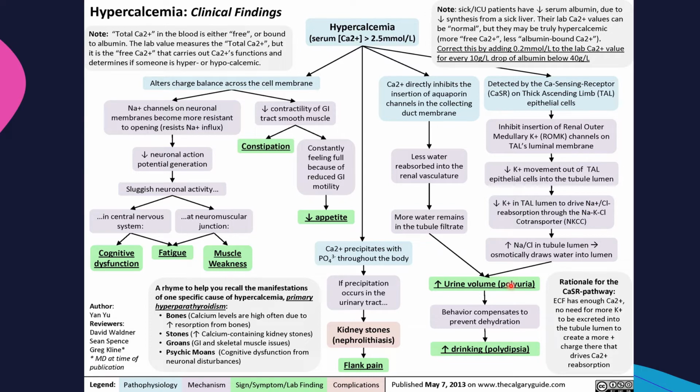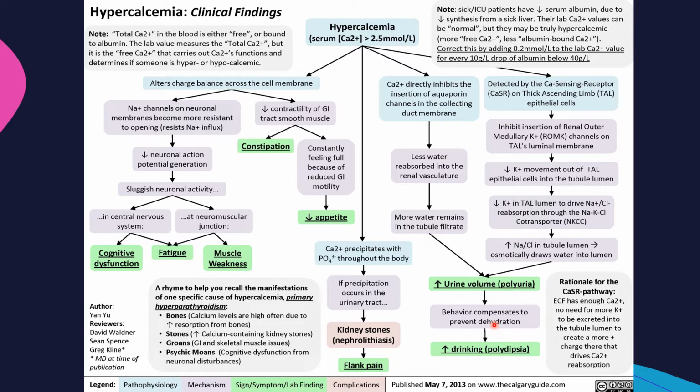Polyuria, more water loss, results in increased ADH release, and the hypothalamus is also signaled that we need to drink more, so we also have polydipsia.